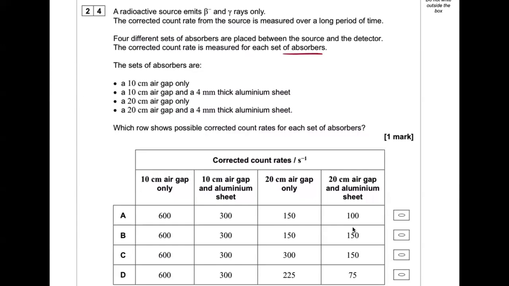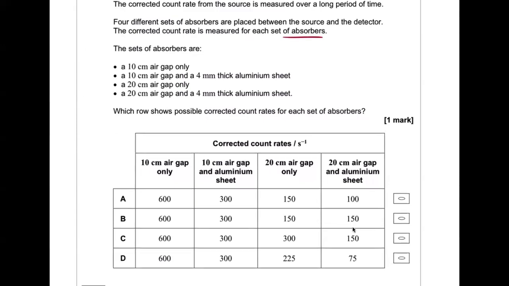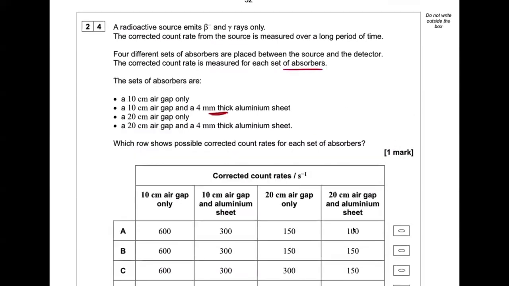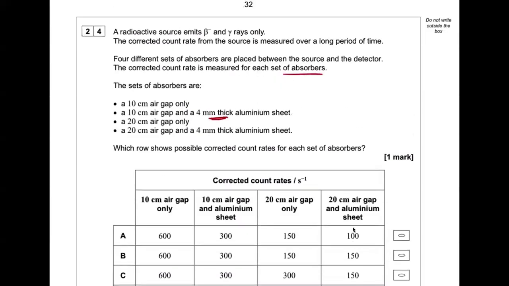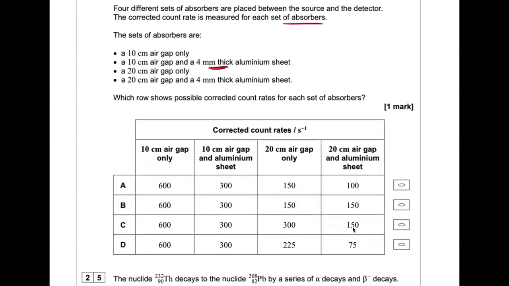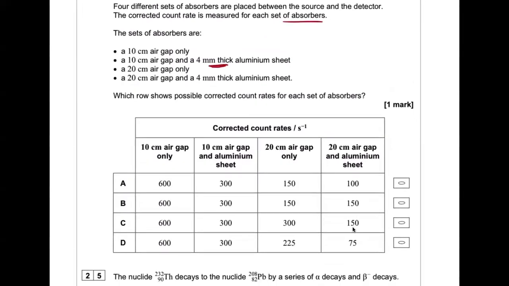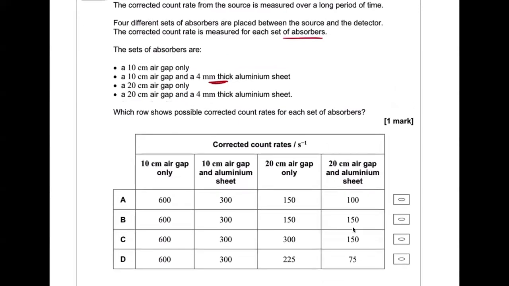The sets are a 10 centimeter air gap only, and then a 10 centimeter air gap and a 4 millimeter thick aluminum sheet, which would basically block out beta, right? So with the 10 centimeter air gap, there should be no change to the count rate. With the aluminum, it must drop. And then the 20 centimeter air gap only.